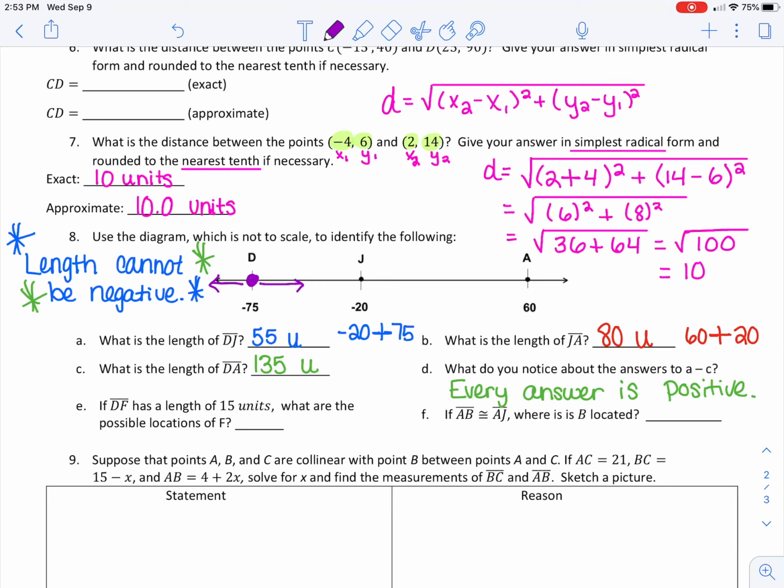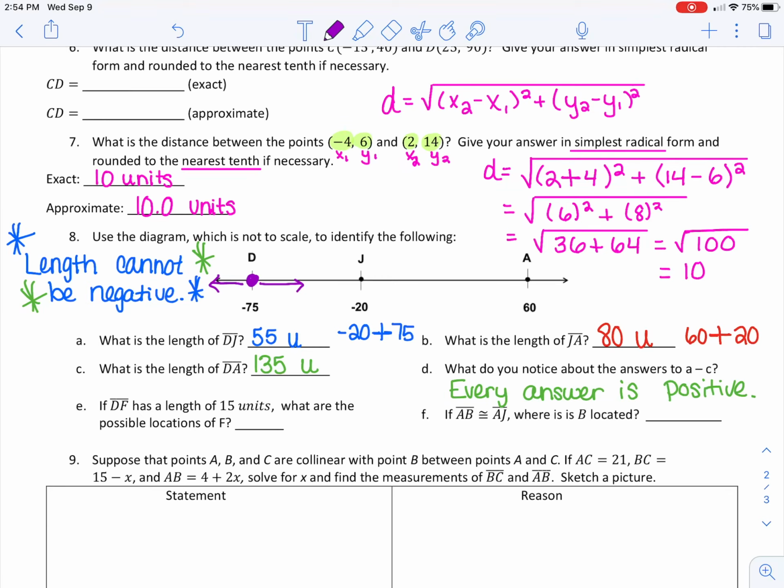So I'm going to add 15 to negative 75, and subtract it from negative 75, and it should give me 2 locations.